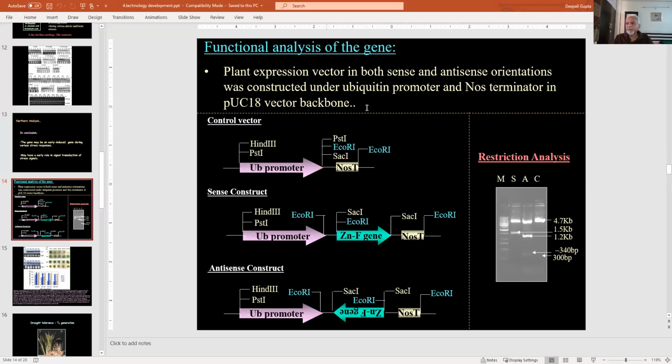It has a backbone, and you have the promoter and the terminator, and in between we put the coding region of the OsiZAP8 gene in sense orientation as well as in anti-sense orientation. Sense orientation will overproduce, and anti-sense orientation will suppress the expression of the gene product.